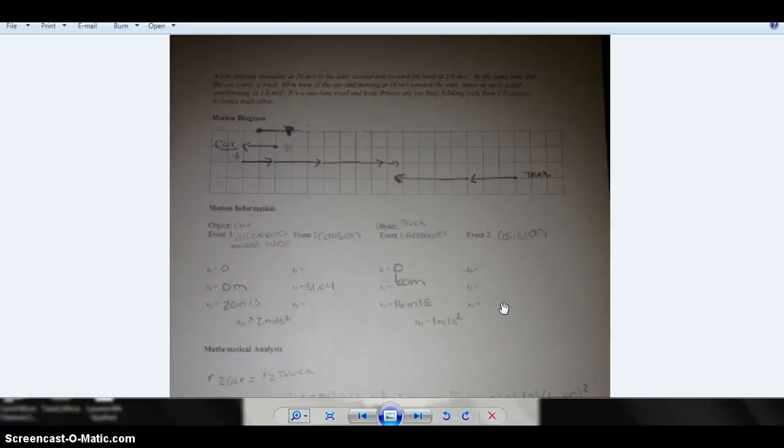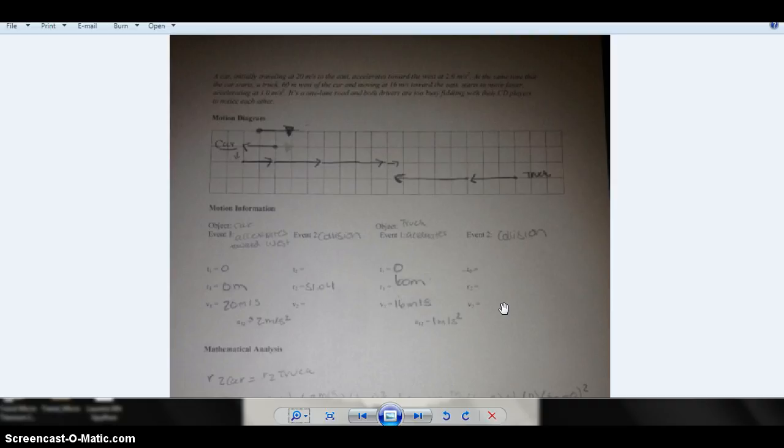So that I estimated and figured. So then I still only had 4 unknown variables, which would be the time 2, the R2, and the velocity of the car 2, and the velocity of the truck 2.